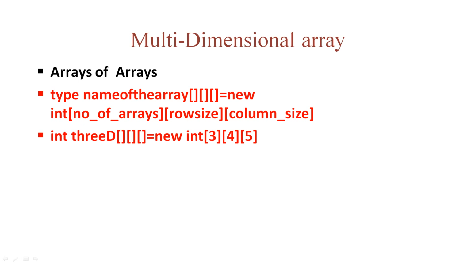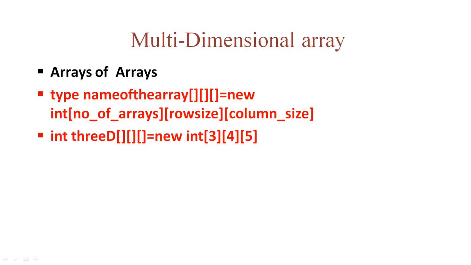So types of arrays: one dimensional array, only a single dimension; two dimensional arrays, rows and columns. Now multi-dimensional arrays, arrays of arrays. What does it indicate, and how can we implement it?